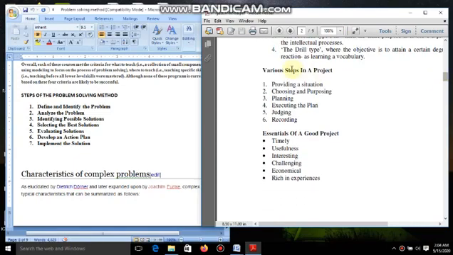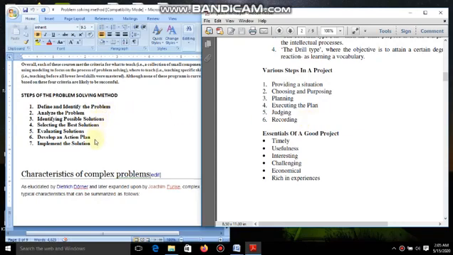Yes, especially this one. We can start from the various steps in a project. If we are going to adopt project as a method of teaching, these are the steps, and we have already discussed this in one of my YouTube classes, and in the class taken by Professor Savita Prabha Madam.